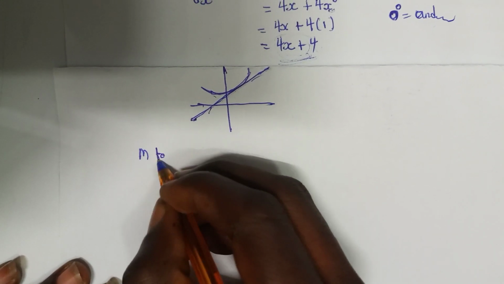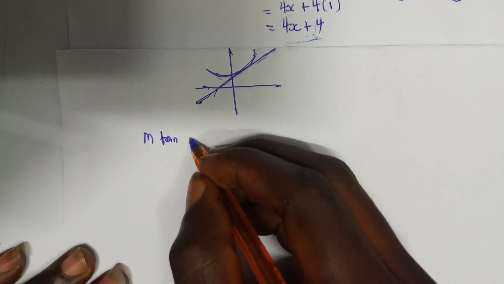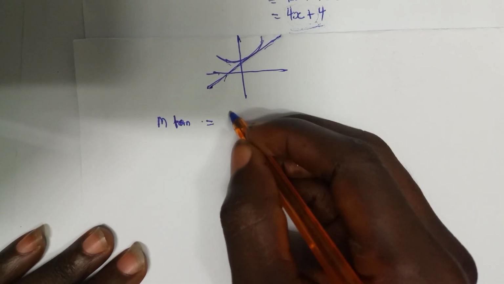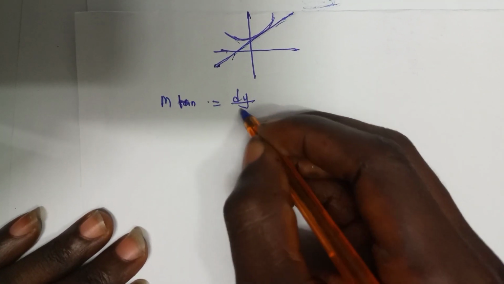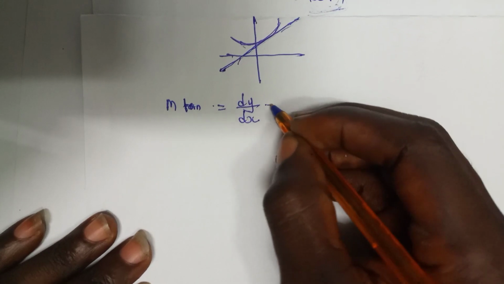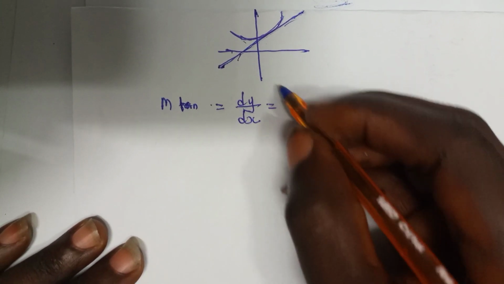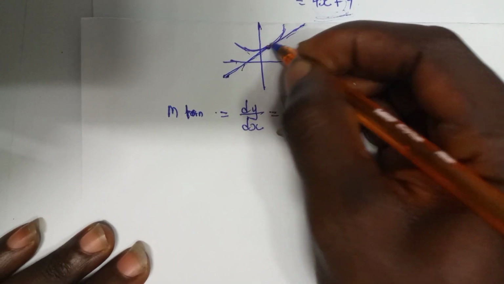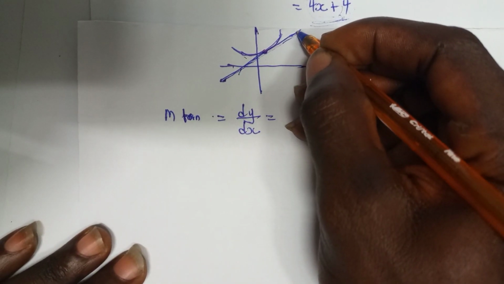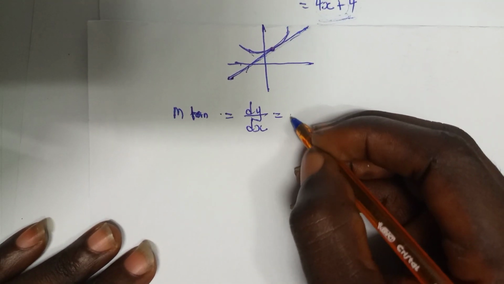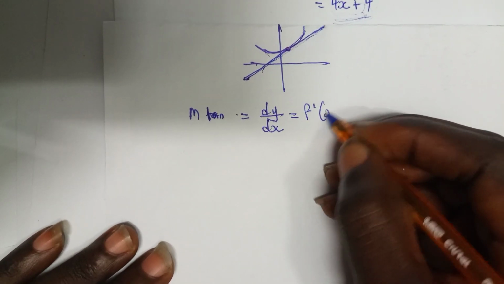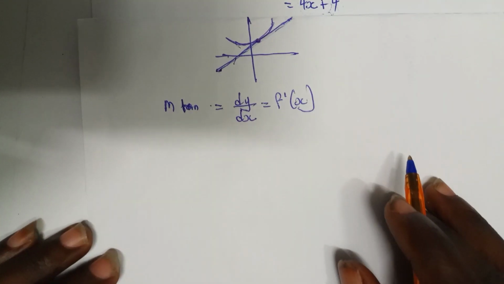The gradient of the tangent of a line is equal to dy over dx, which is the slope of the function. So assuming we have a point here, this is our tangent, which is the derivative of f of x.